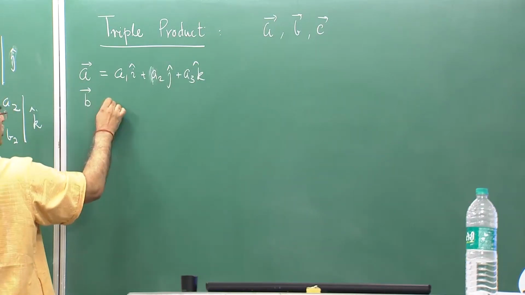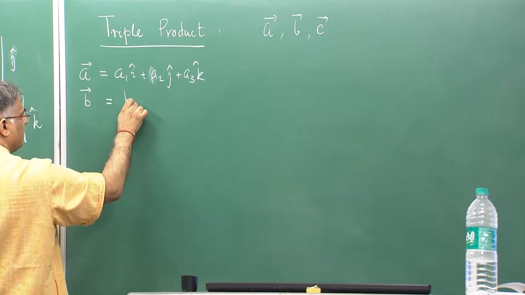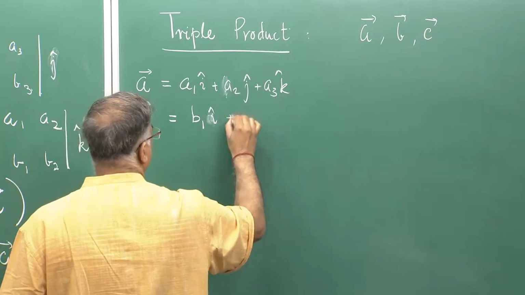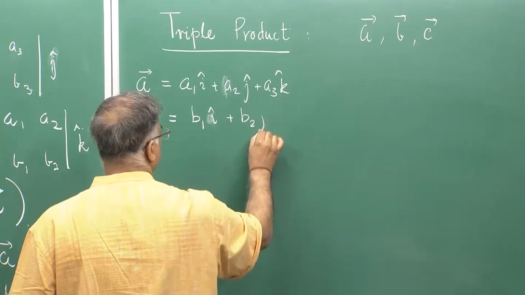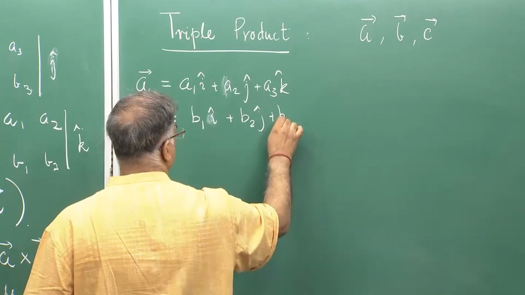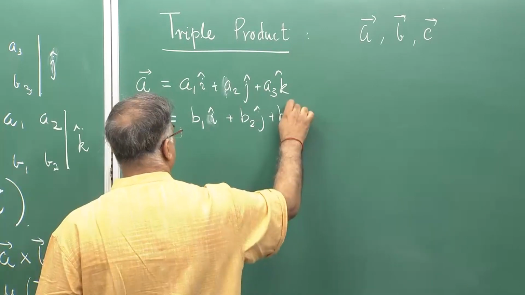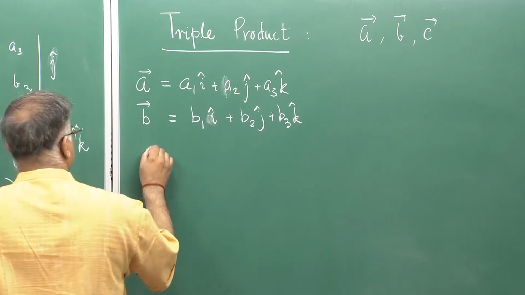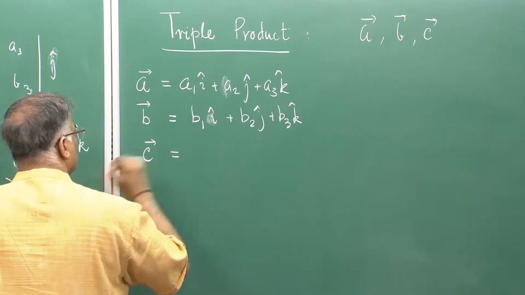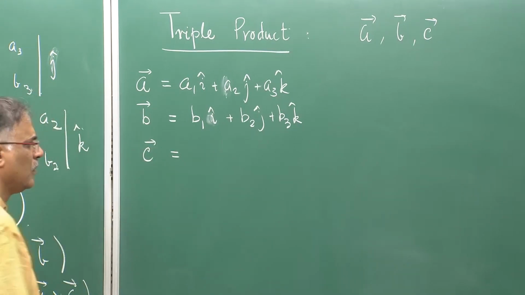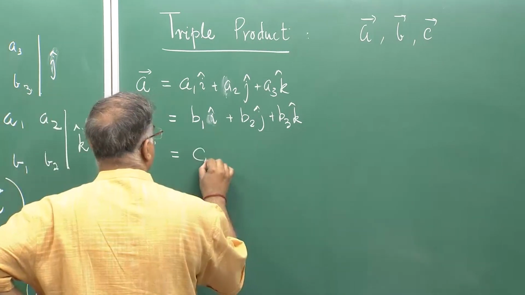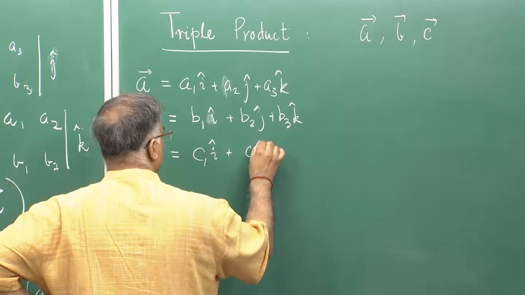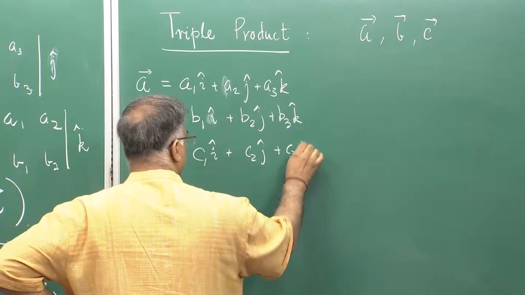B is given as B1 i vector, B2 j vector and B3 k vector, and c is C1 i vector, C2 j vector and C3 k vector.